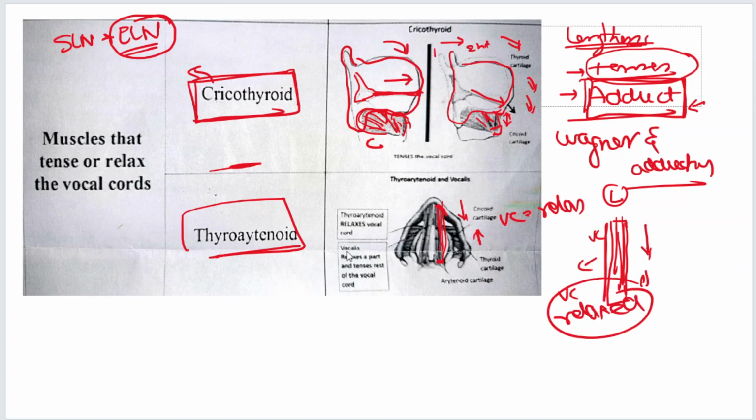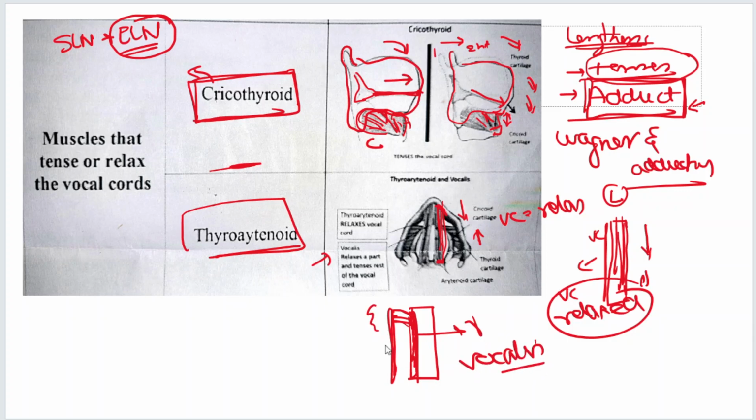Let us not go into more detail. One small point if you want to remember, vocalis is that part of the thyroarytenoid. Suppose this is the thyroarytenoid, this is the vocal cord. The medial most part of the thyroarytenoid muscle is called the vocalis. It is described that the anterior fibers of the vocalis muscle have some attachments to the vocal cord anteriorly, and when this vocalis muscle contracts, it tenses this part and it relaxes the rest of the vocal cord.